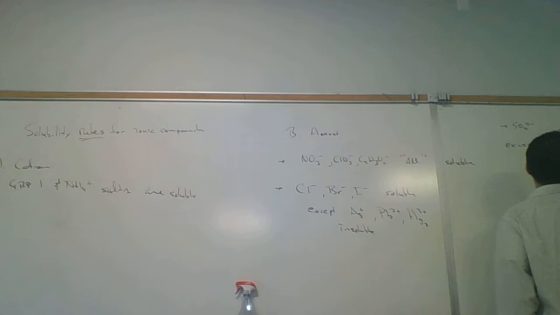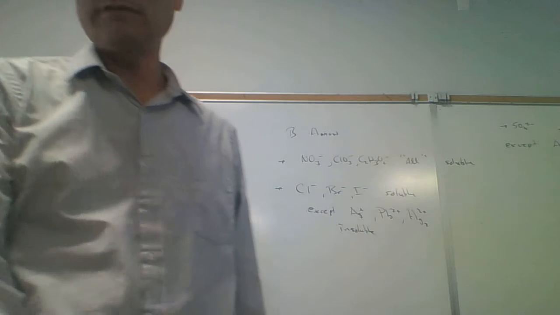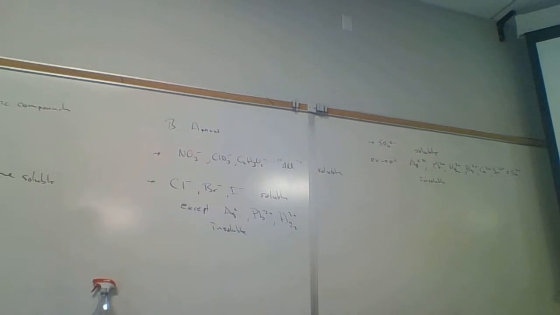Silver, lead 2, mercury 1, mercury 2, calcium, strontium, and barium. These are insoluble. So for example, calcium sulfate turns out to be insoluble, whereas iron 3 sulfate is soluble. Not one of the exceptions. For the most part, sulfates are soluble.